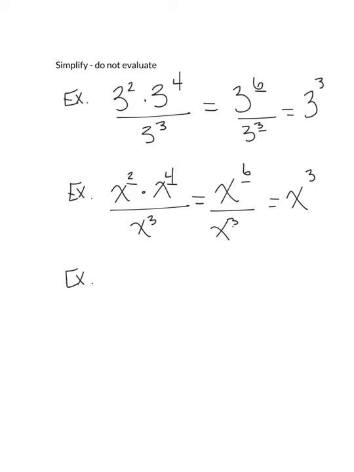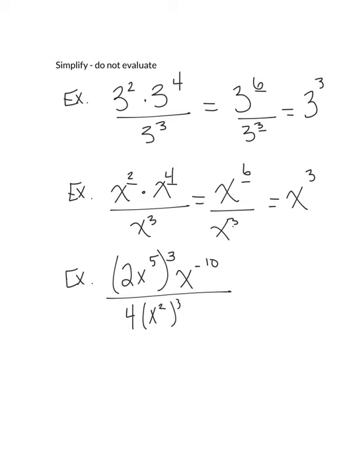Getting a little bit trickier as I go. 2x to the 5 all cubed times x to the minus 10 divided by 4x squared cubed.